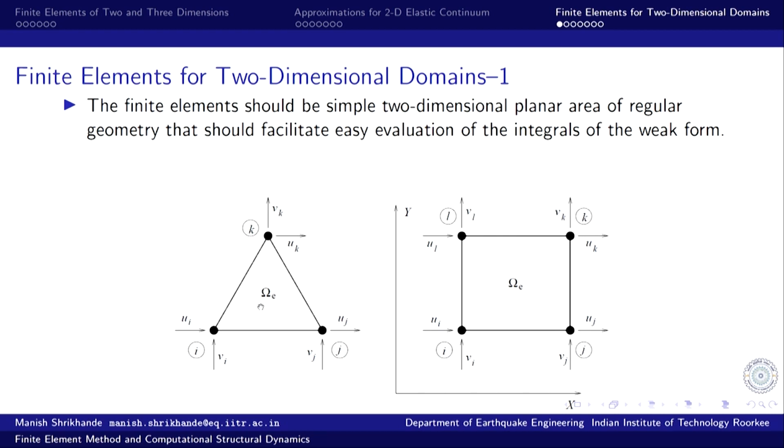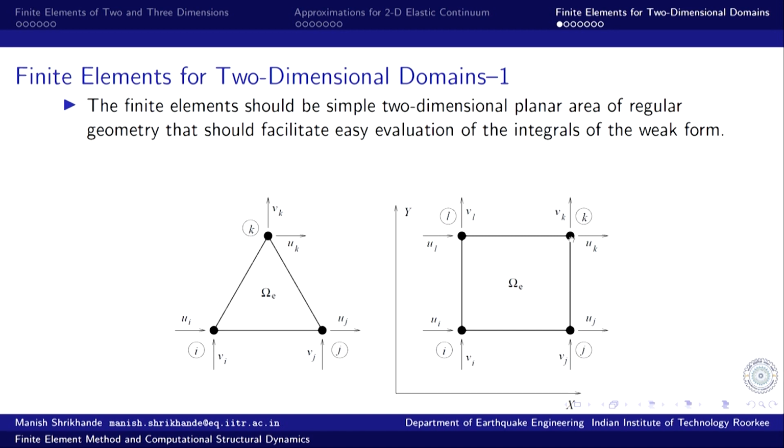So, element domain. Now, similarly, I can have 4 vertices defining a rectangle, right. So, again 4 vertices, and this is an area. Now, I can get the same area covered by using 2 triangles.